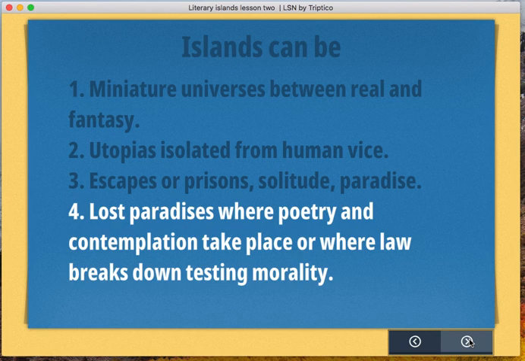For him, it is becoming a lost paradise where law is breaking down, and there is a test to the morality of the inhabitants of this island. The references to shame suggest that the people ruling over the island are lacking a sense of morality, and John of Gaunt is lamenting the change that's taken place to his island, of which he has felt very proud and felt a real affinity with and a love for.